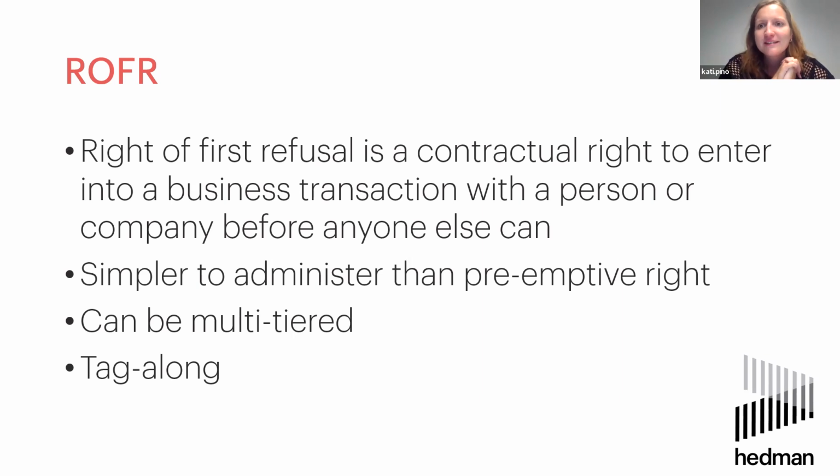So it can be so that first you need to go to the investors and say, hey investors, do you want to buy? And if the investors don't want to buy, you have to go to the other shareholders and say, hey, do you want to buy? And if nobody wants to buy out of the shareholders, then you can sell them to the third party.